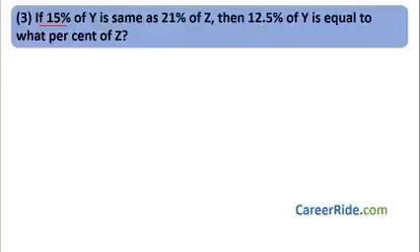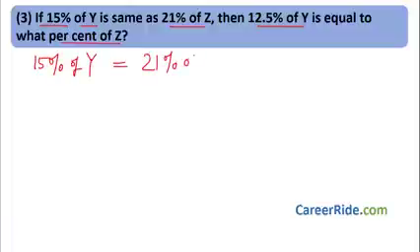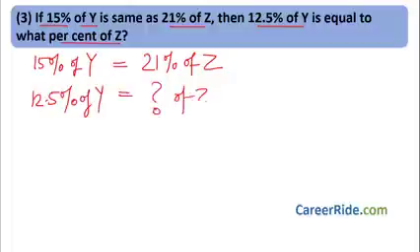If 15% of Y is same as 21% of Z, then 12.5% of Y is equal to what percent of Z? Very easy. What have they given? 15% of Y is equal to 21% of Z. Then 12.5% of Y is equal to how much percent of Z?